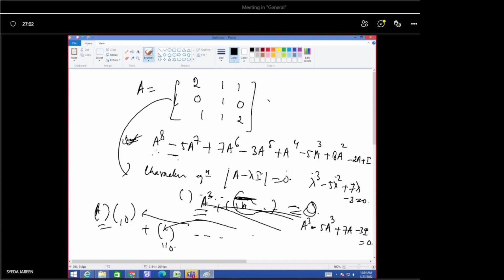Now you try to express this equation with some term which will contain this also. Try to express. So if you take it as over here, this is 3. That means you can take 5 over here.